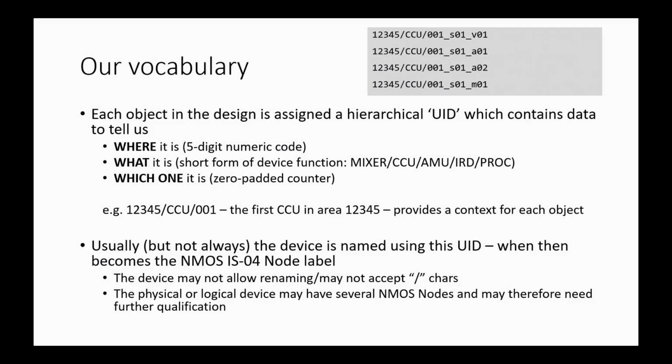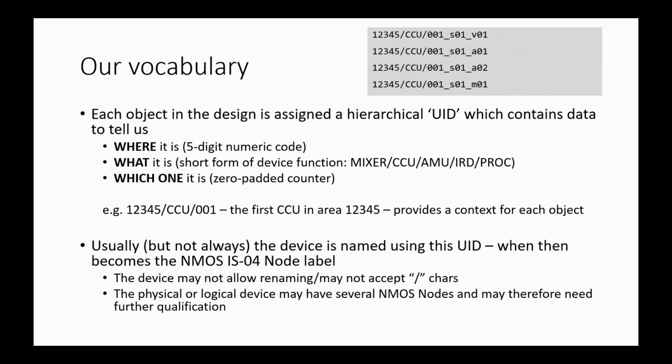Usually, not always, the device gets that name. We can put that UID into the device, and it becomes the IS-04 node label. But not always, because sometimes there are restrictions on the characters that we can use.